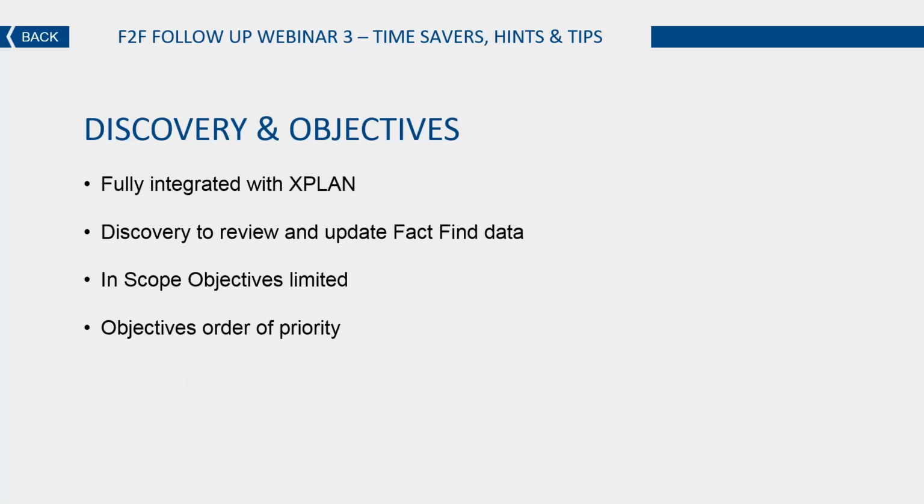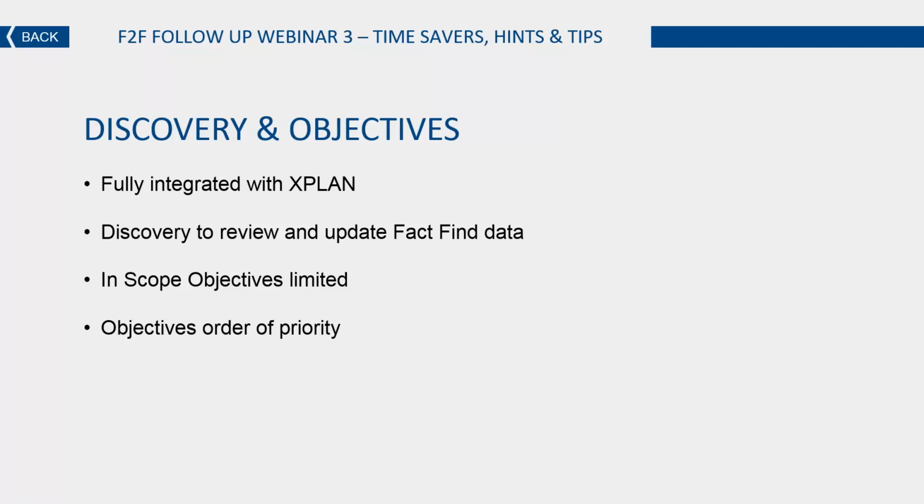What I want to take you through now is some hints and tips in Discovery and Objectives. I mentioned earlier that XPLAN and Prime are fully integrated, so any updates you make within Prime Discovery will then feed back into XPLAN, so the XPLAN Fact Find. When you get into Discovery, ideally you'll be using Discovery to review the information that you've entered into the Prime Fact Find, and I'll show you a quick way you can do that.